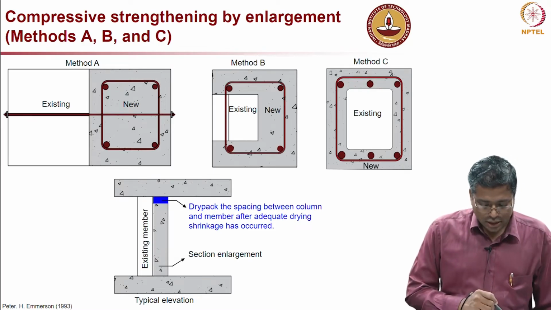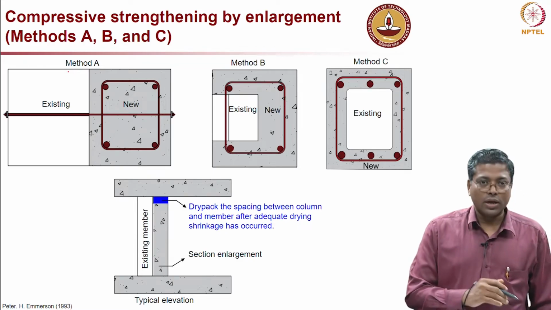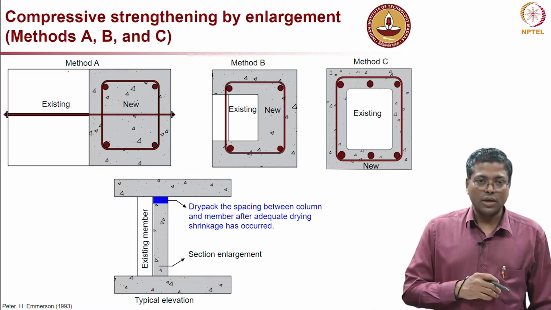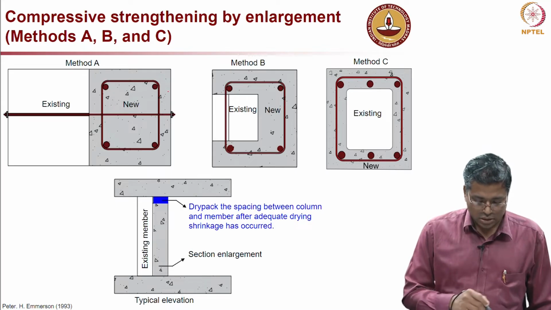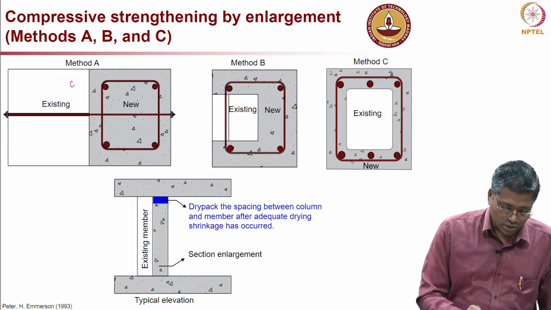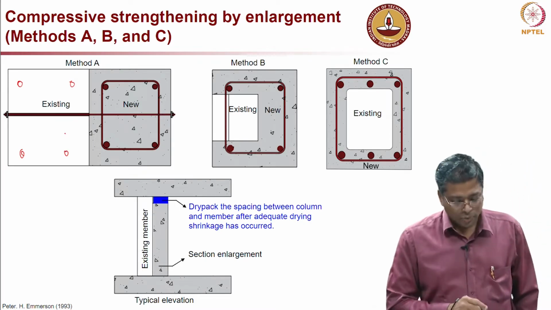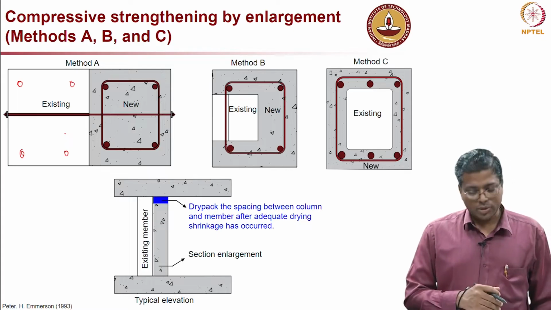You can see in case 1, method A, the existing concrete is on the left, and then you can see new concrete with additional stirrups. The details of the existing column are not really provided here to keep it simple, but it will have other reinforcement as well.